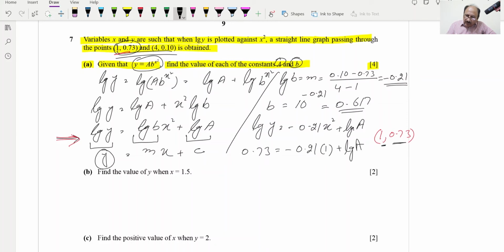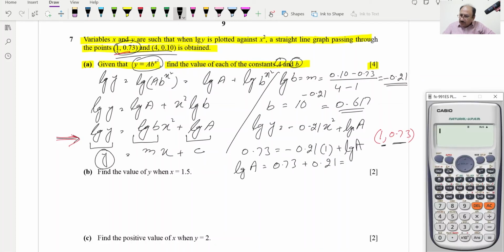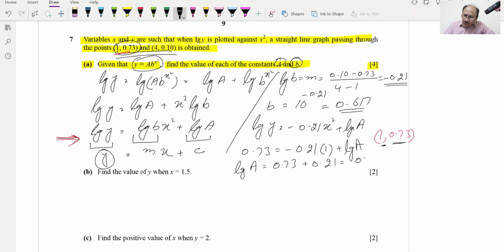We can write log a will be equal to 0.73 plus 0.21, and this is equal to 0.94.